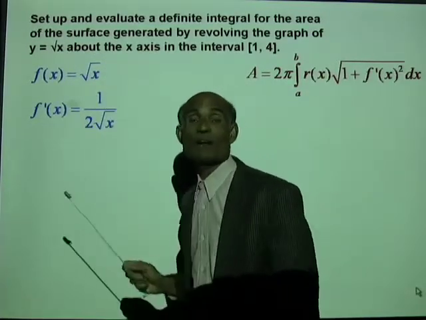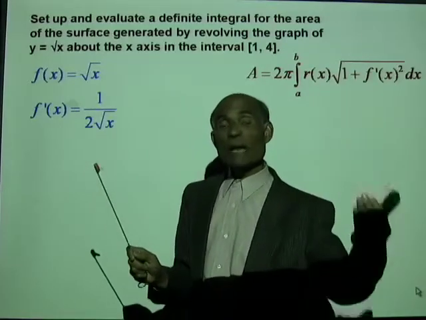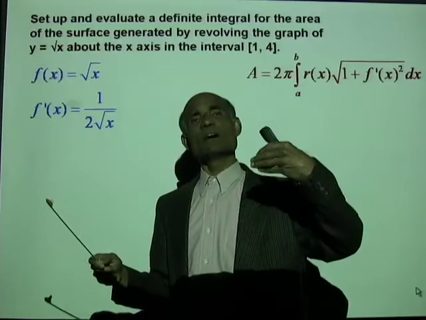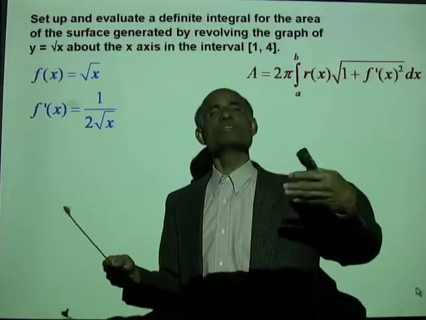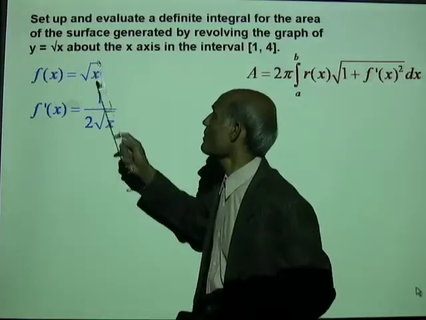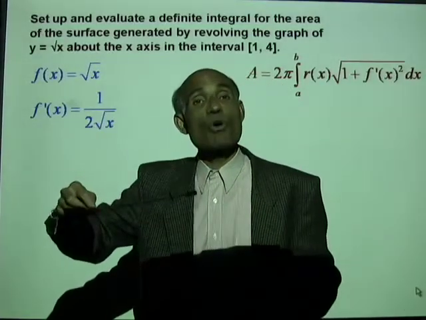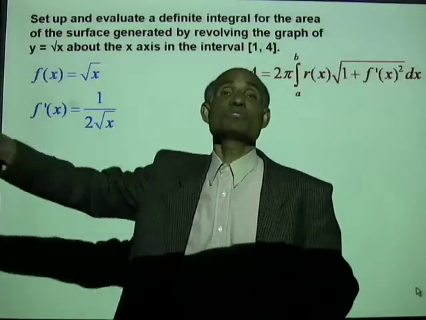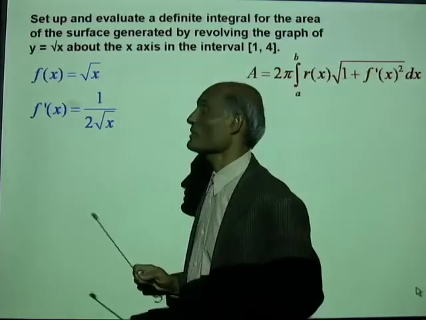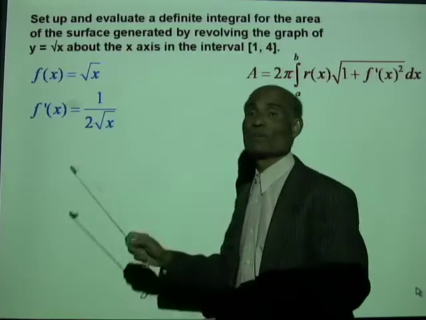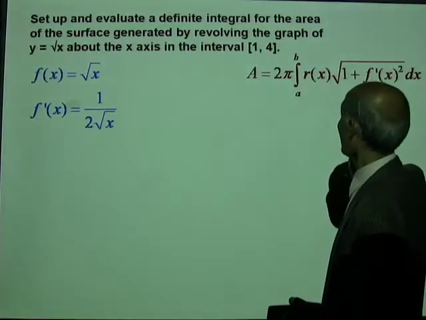Or, as I have told you from the beginning, learn this as a result that you need to know: the derivative of square root of u is 1 over 2 square root u times u prime. So the derivative of square root x is 1 over 2 square root x. So we've found f prime x.